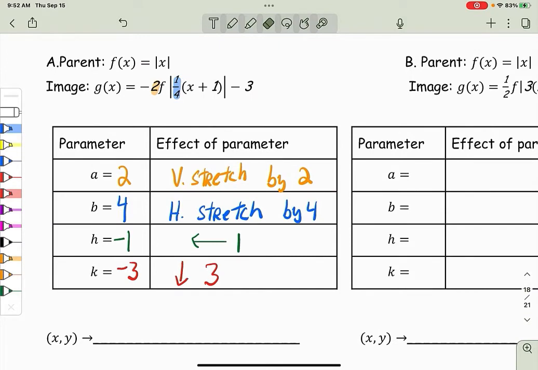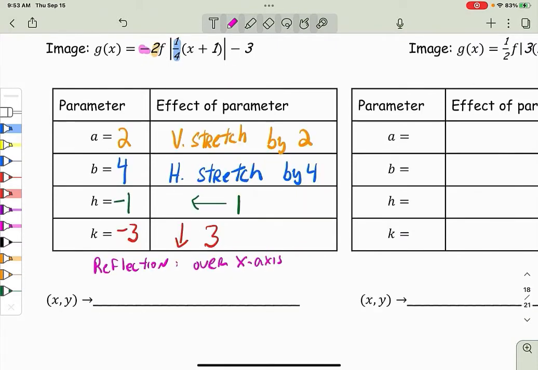So we also have a reflection. So notice we have a negative in front of here, which means we have a reflection, which is going to be over the x-axis.